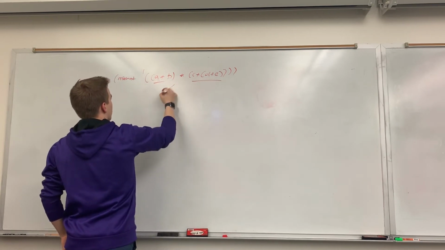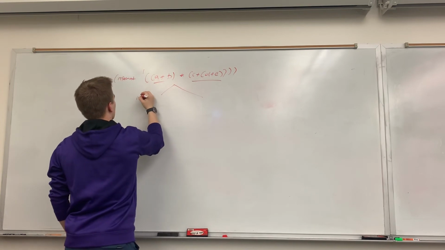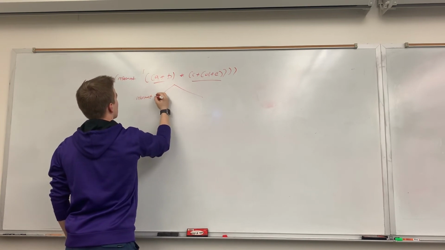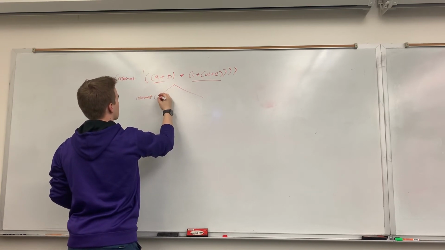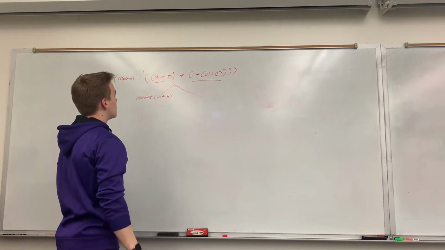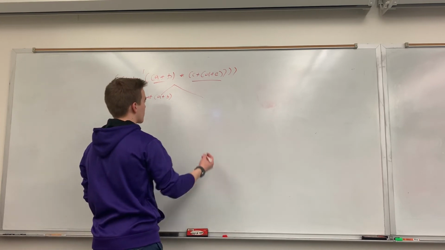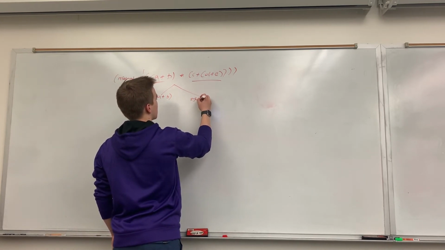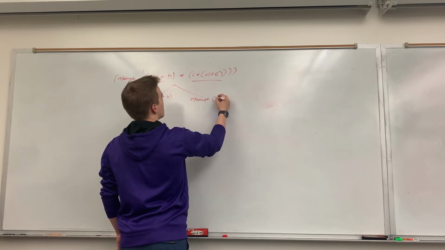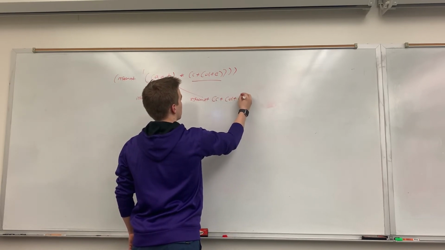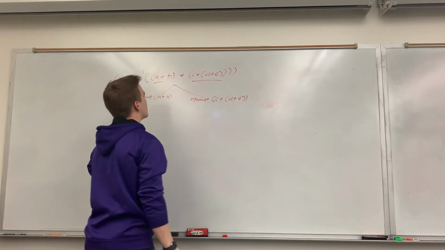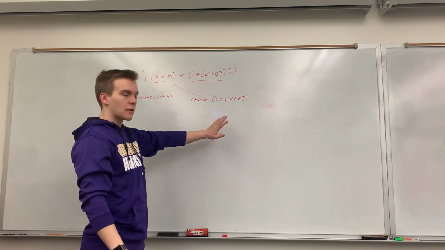So I'll break this up into reformat the car, which is A plus B. Yeah, and the third, which is C plus D plus E. I didn't do cdr here, I did third.